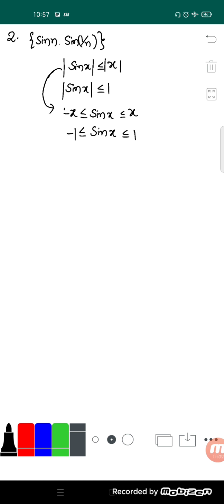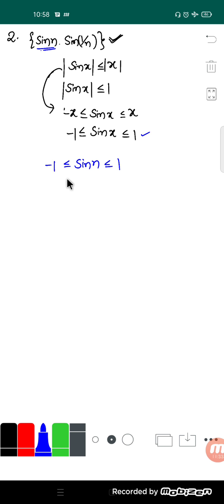So we now examine the given question here. First we take the first term, sine n. Sine n lies between 1 and minus 1, using that inequality.